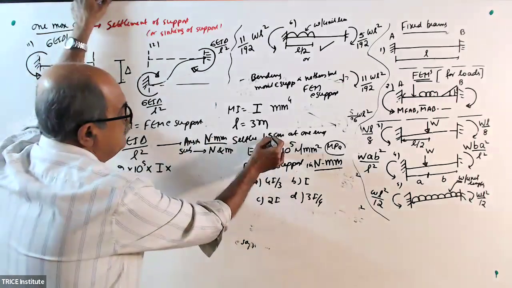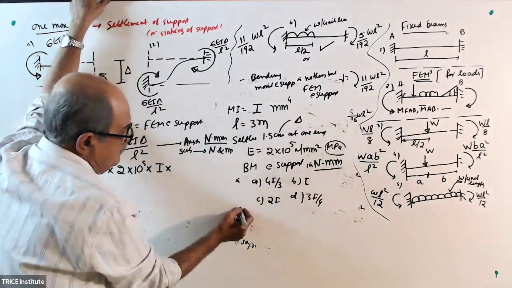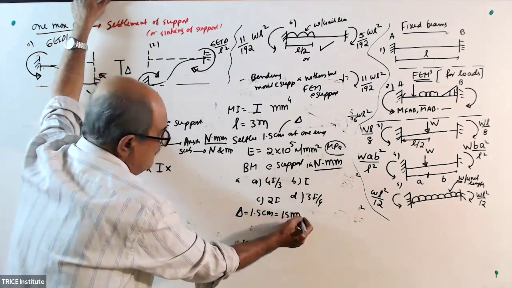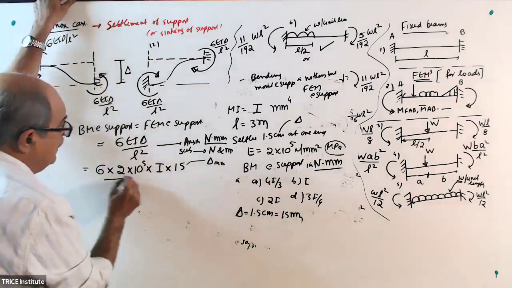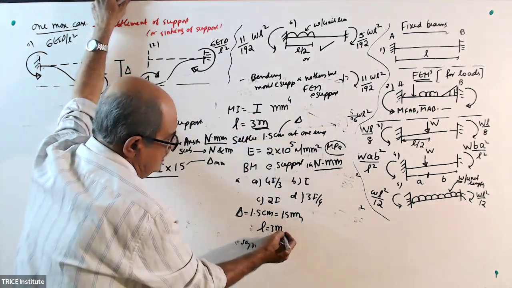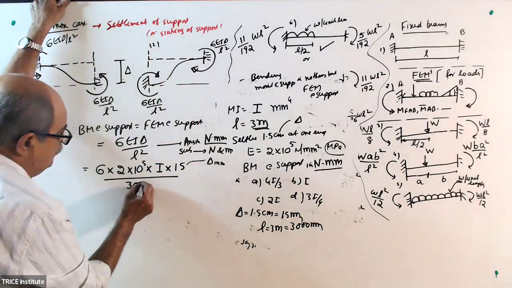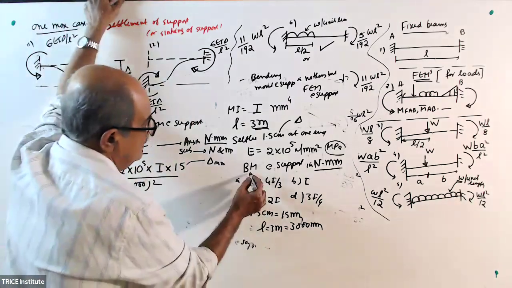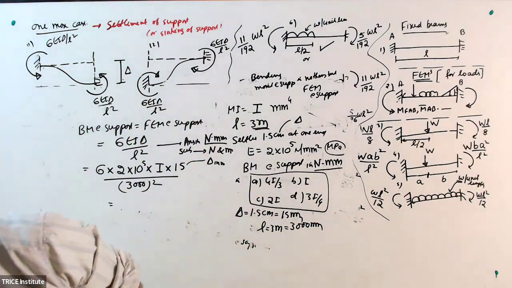Delta is 1.5 centimeter, be careful, equal to 15 millimeter, so 15 in millimeter, divided by span, they told 3 meter, equal to 3000 millimeter, divided by 3000 whole square. Tell the answer. Among A, B, C, D, which is the correct answer?